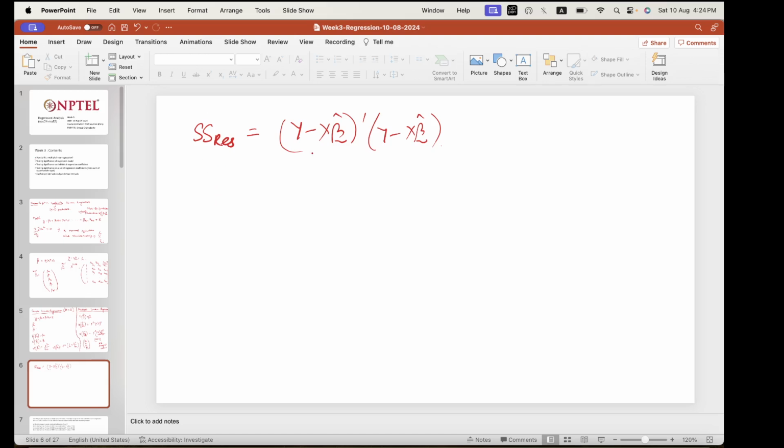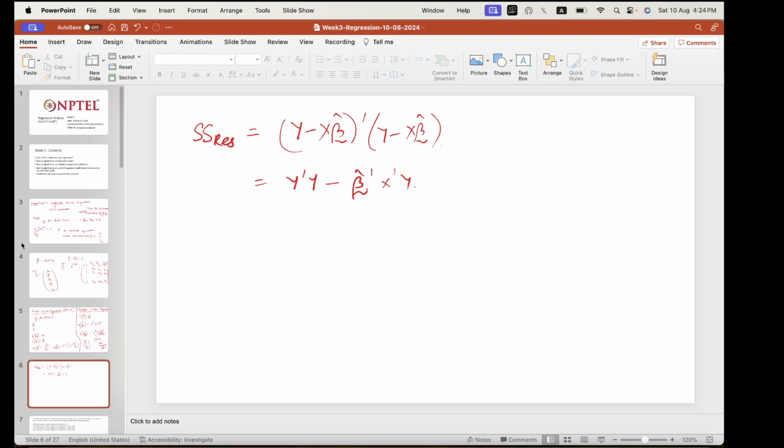Simplifying this, we get y transpose y minus beta hat transpose x transpose y.